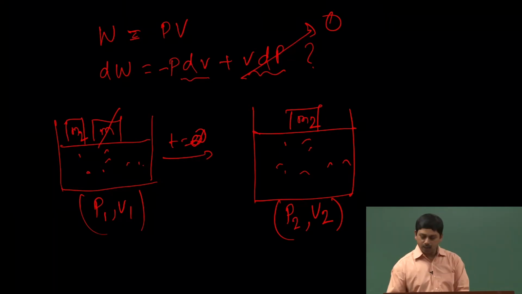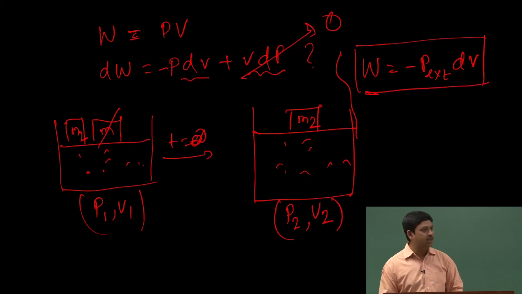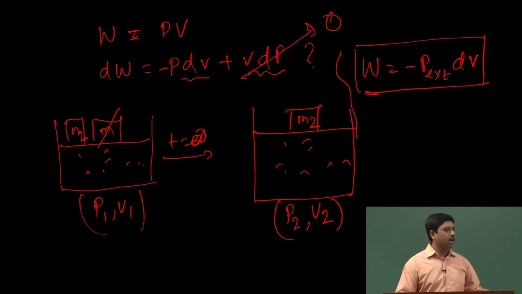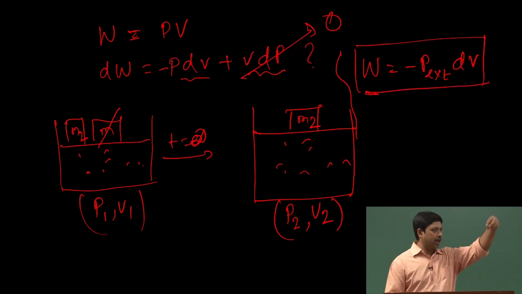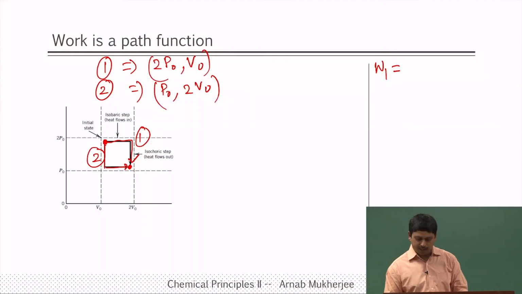Since the system is now adjusting with the external pressure, either you can think of the system or the external pressure doing the work, whatever you like. Ultimately, this is the formula that we are going to use always, minus P external dV.